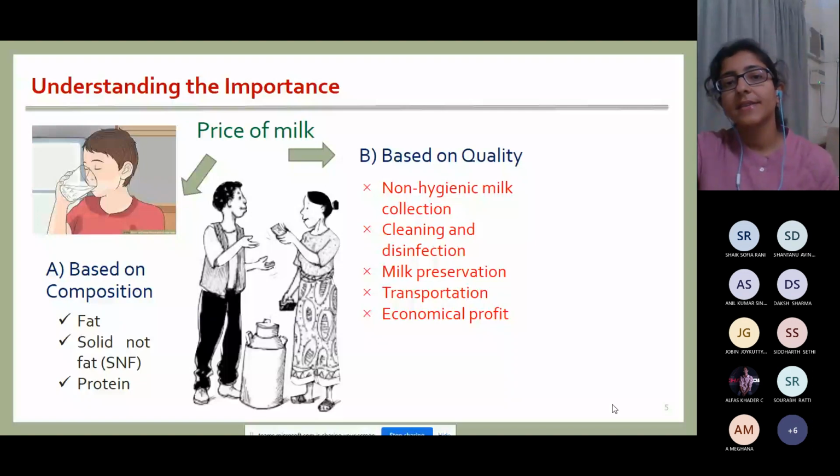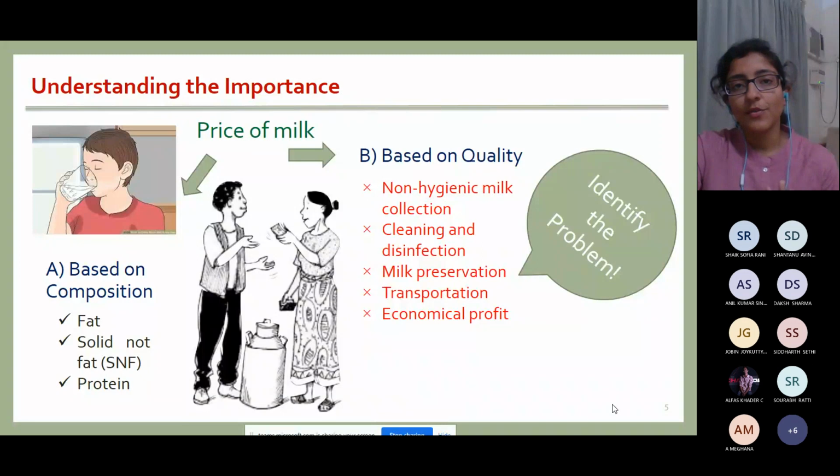Every adulterant is used for different purposes, basically in India. So from there the idea came. So this is identifying the problem. The first step we have done is identifying the problem.